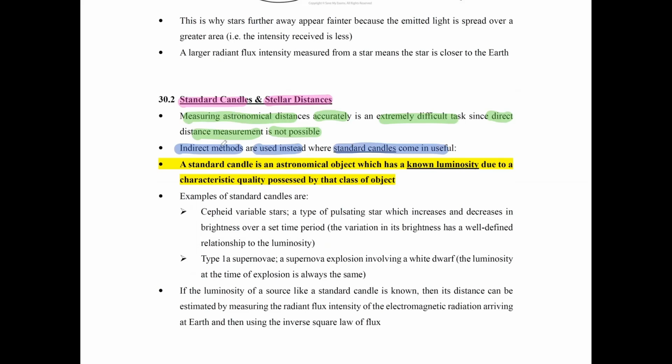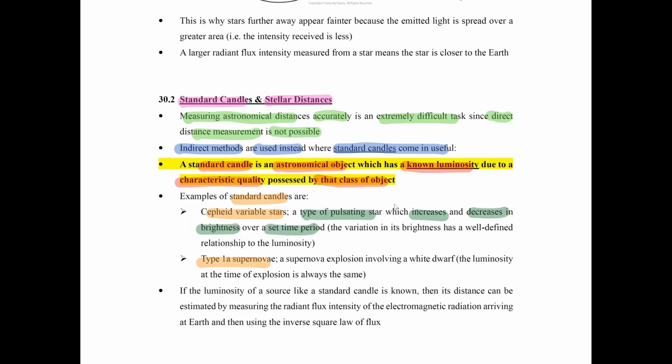A standard candle is an astronomical object which has a known luminosity due to a characteristic quality possessed by that class of object. Common examples of standard candles will be your Cepheid variable stars and your type 1a supernova. Cepheid variable stars are a type of pulsating star which increases and decreases in brightness over a set time period.